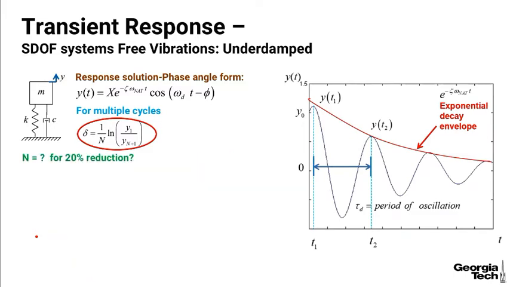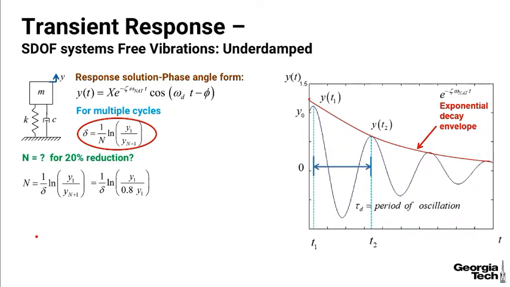Also for multiple cycles, it would be interesting to say, hey, how many cycles does it take for us to get a 20% reduction? We want this real-world system to be reduced by 20%, and how many cycles does it have to go through? Well, again, n is equal to 1 over delta times the natural log of y1 over y n plus 1.